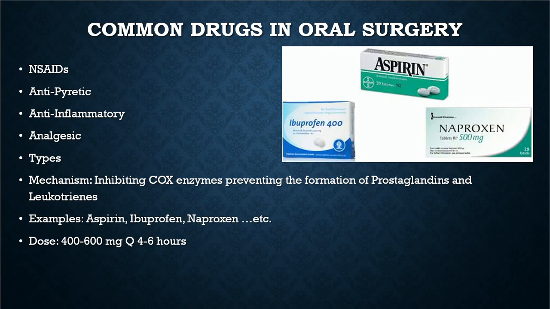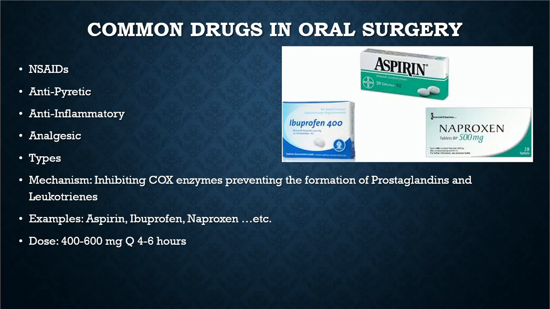Now, others, non-steroidal anti-inflammatory. They are antipyretic, anti-inflammatory, and analgesics. These are very good medications. Why? They give us 3 features. They reduce fever, they reduce the inflammation, and they reduce pain. Perfect.